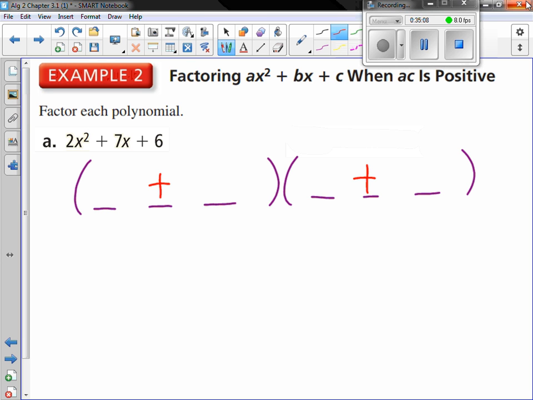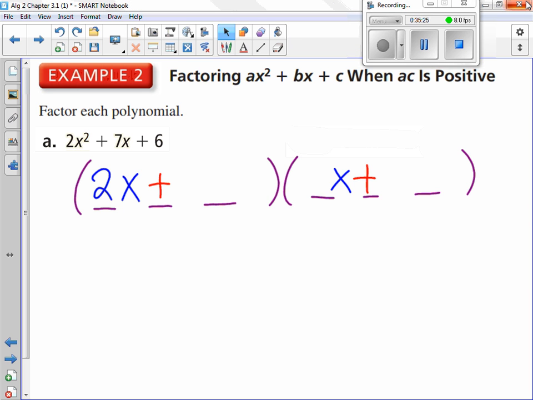Now, factors of 2x squared. Well, we've seen this one already, yes? Because the factors of the x squared are just going to be x and x. I'm going to do 2 and 1. Now 6 has some more factors to it, yes? Because 6 would be 1 times 6 and 2 times 3, correct?